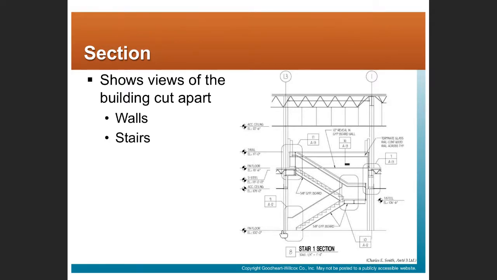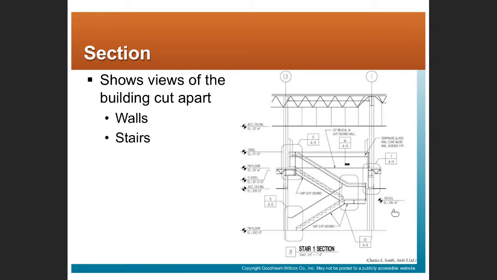That's how much distance there is between each level of the building. Up top here, you see the acoustic ceiling. That's what I'm guessing ACC means. Elevation of 122.6. So that would tell us how tall the ceilings are on this, if it's the second floor of the building.